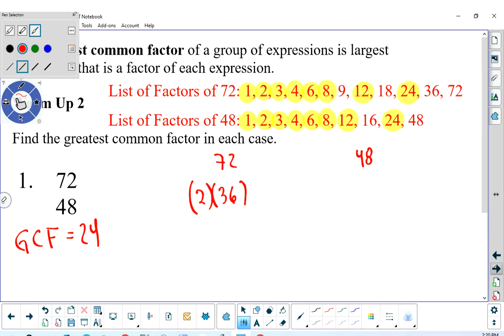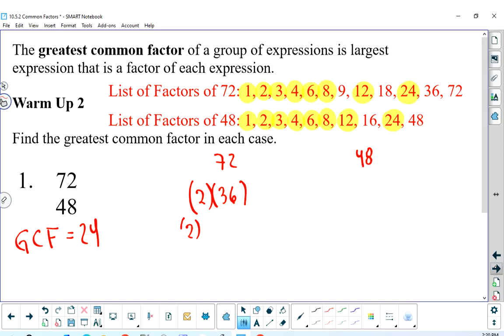I'm going to get there a little bit quicker by saying 36 is 6 times 6. The first 6 is 2 times 3. The second 6 is 2 times 3. And you can confirm right now if you like. The 2 times 2 times 3 times 2 times 3 will give you 72.